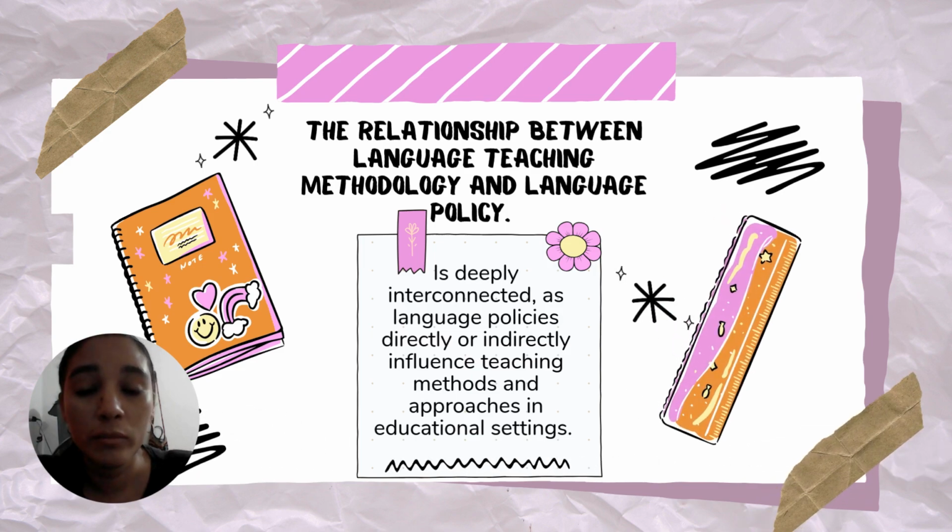The relationship between language teaching methodology and language policy is deeply interconnected, as language policy directly or indirectly influences teaching methods and approaches in educational settings. When a language policy is designed, it often reflects a specific assumption or expectation about language learning, which in turn shapes the methodology.